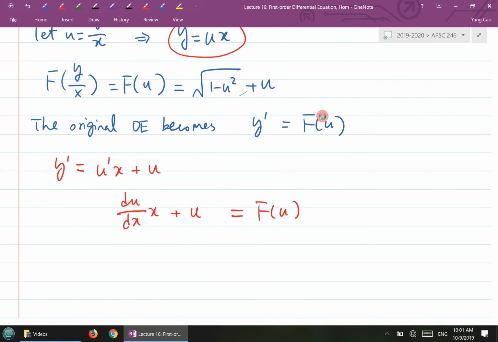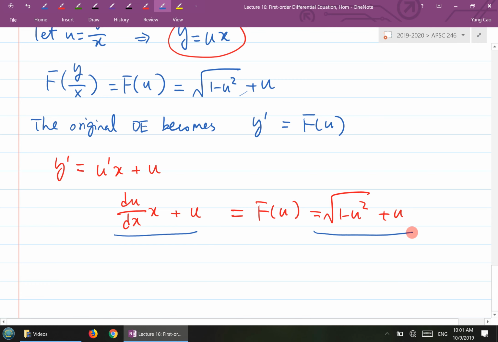Okay? So I'm going to replace the f of u with the actual expression. That's your actual expression for f of u. So you have a new first order differential equation. Now this time it is in terms of u and x instead of original y and x.